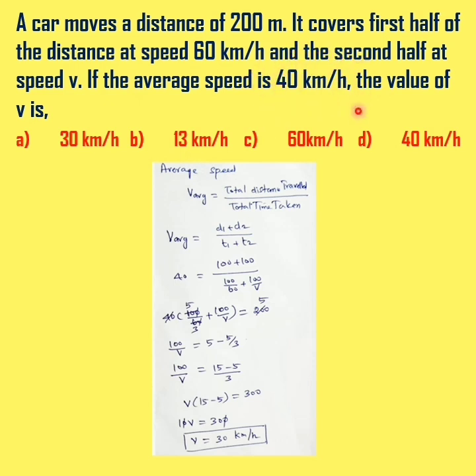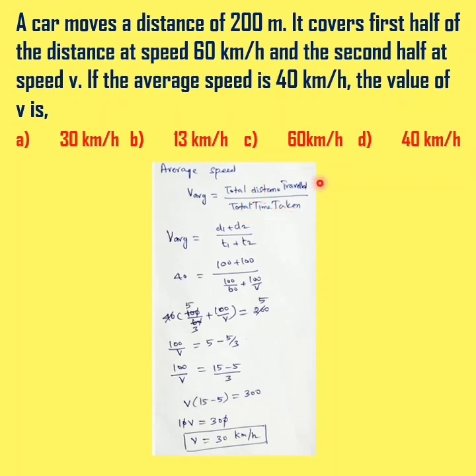The average speed can be written in this formula: the average velocity is equal to the total distance traveled by the car divided by the total time taken to cover the distance.